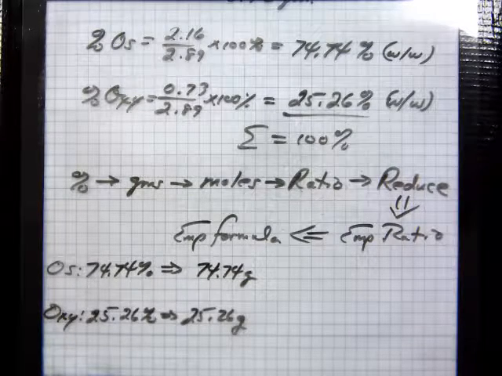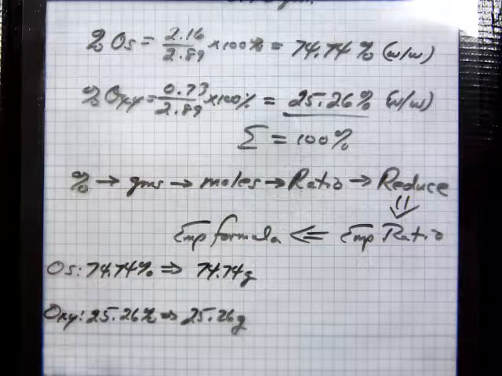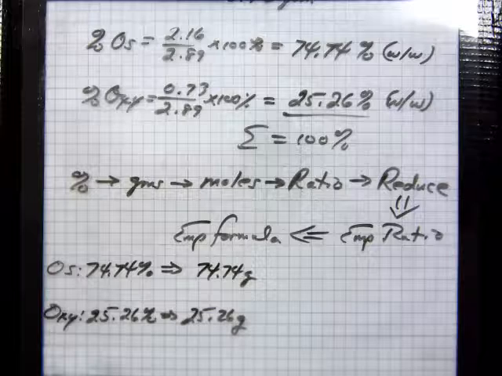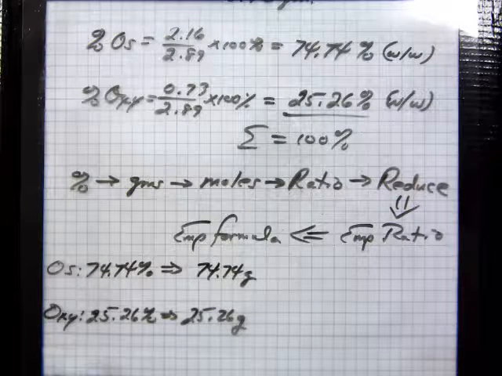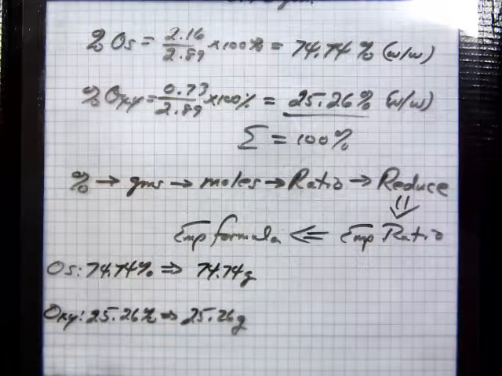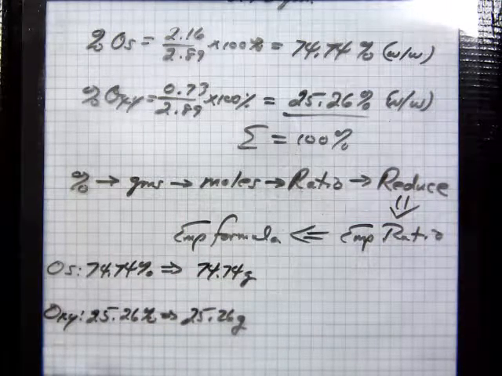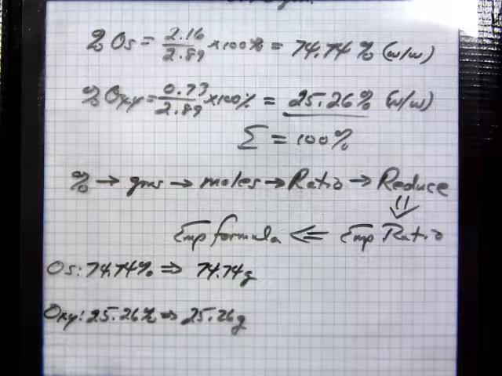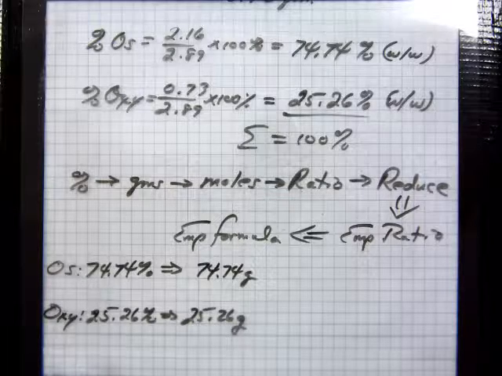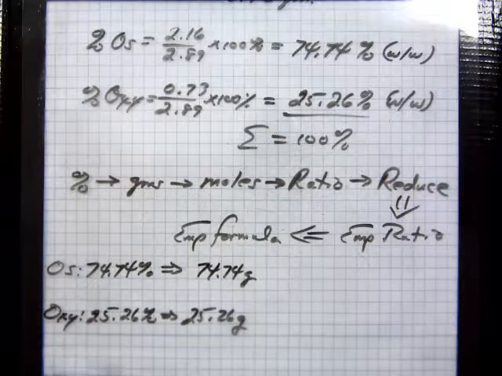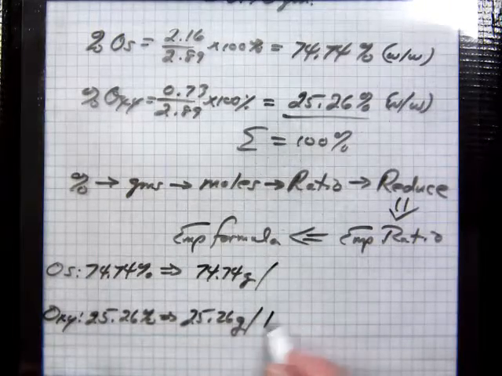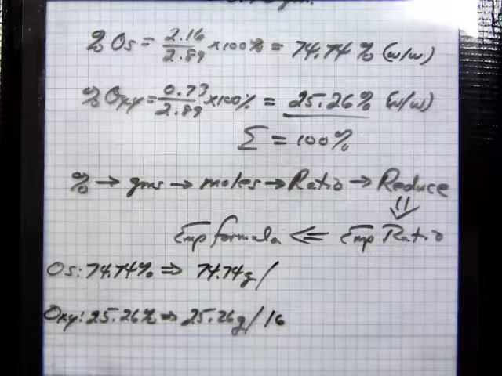Now here's a trick you may or may not remember, and we'll cover it in massive detail later on: at this point you have to convert to what we call moles. Moles is the number of formula weights in a given mass. So if I have a mass here, I want to divide that by formula weight. How many formula weights of the element are in the given mass? So that implies divide by the formula weight of the element. Well, oxygen is 16 atomic mass units.